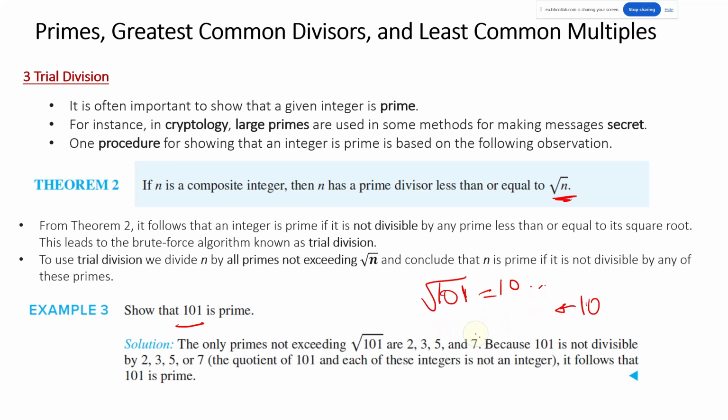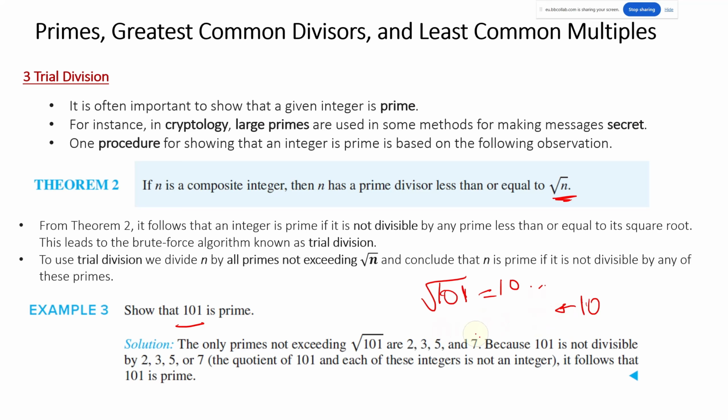that means, because I said that at least it should have one that is smaller, this number is not going to be composite, because I cannot find any number less than 10 that can divide it. So that's the idea.